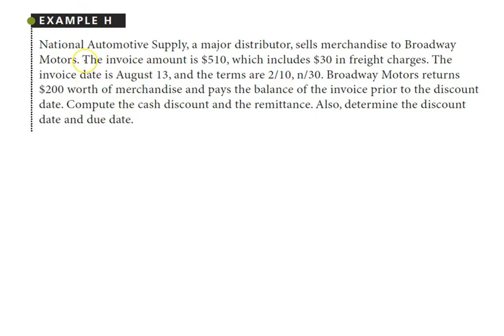So I'm going to start by listing what we know. So I'm going to start by writing down my invoice amount. And that is $510. We have freight of $30. And we also have returns of $200.